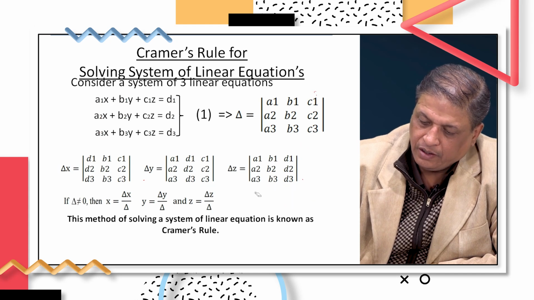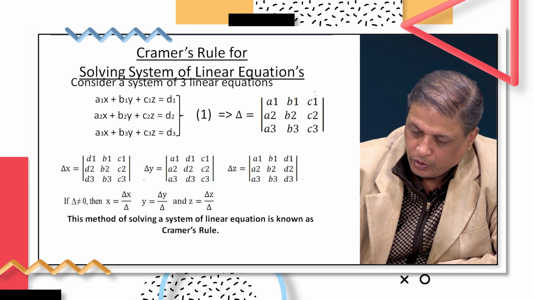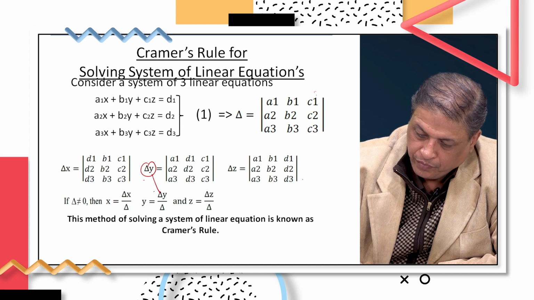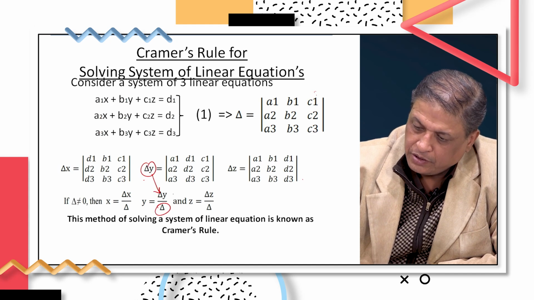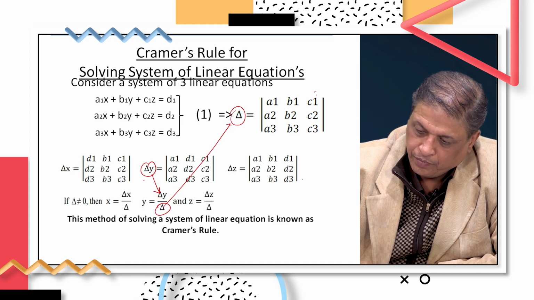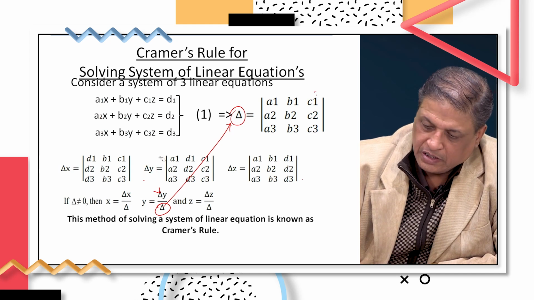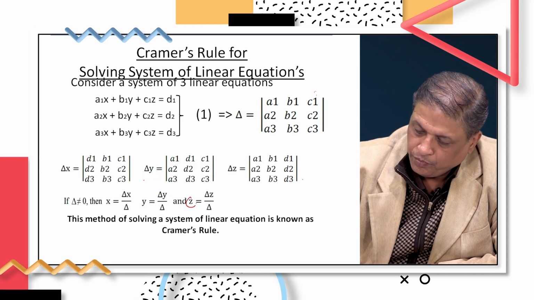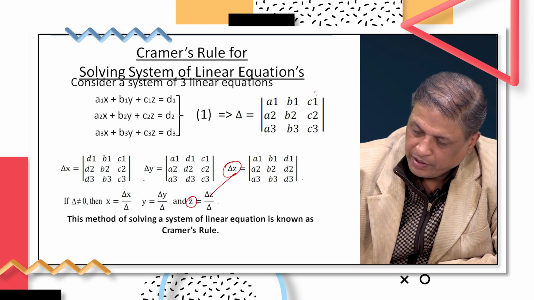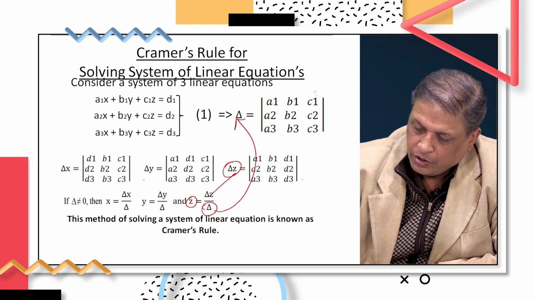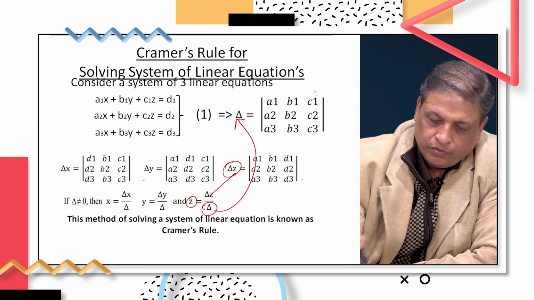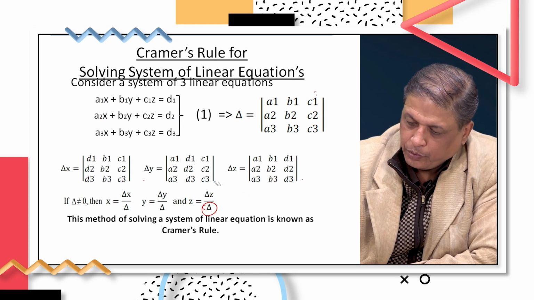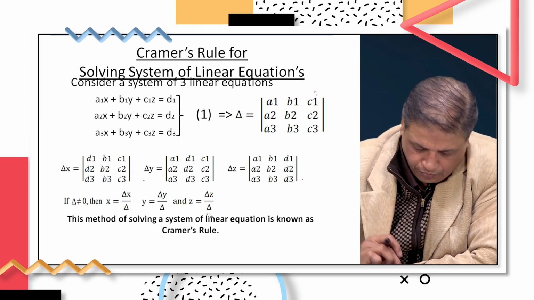The y value will be equal to delta y divided by delta, and the z value will be equal to delta z divided by delta. So, this is the method of solving a system of linear equations by using Cramer's rule.